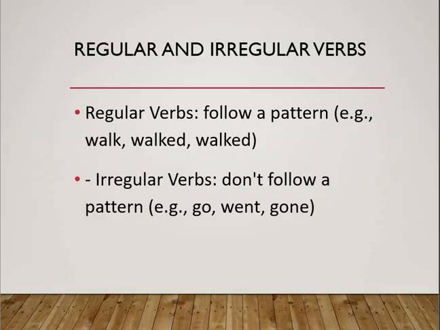key aspects of verbs, which are the regular and the irregular verbs. When we talk of regular verbs, which is quite simple for you to grasp, we are saying that they follow a particular pattern. These are verbs which follow a sequence.